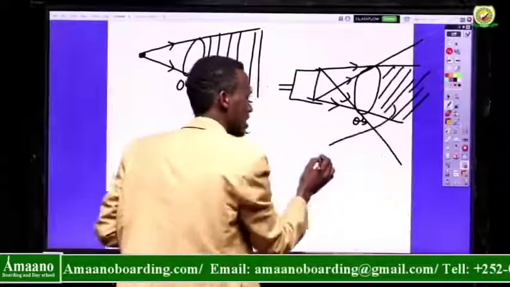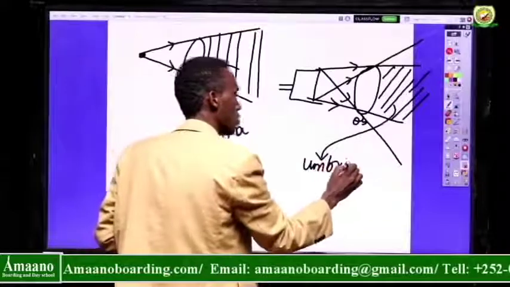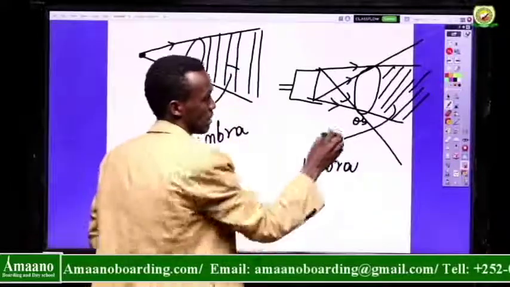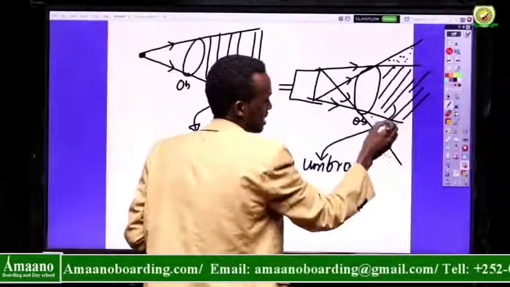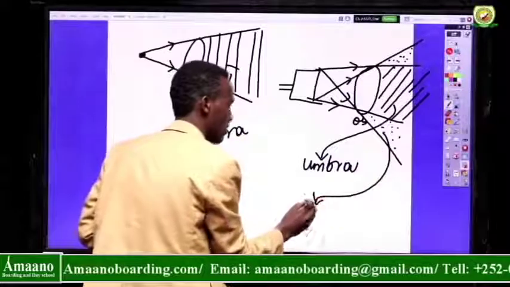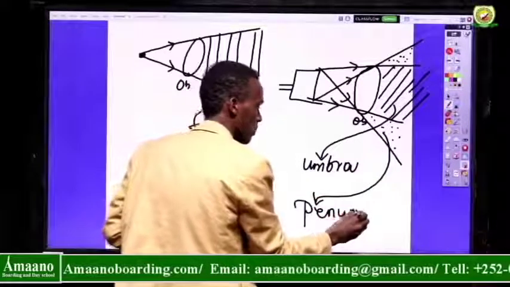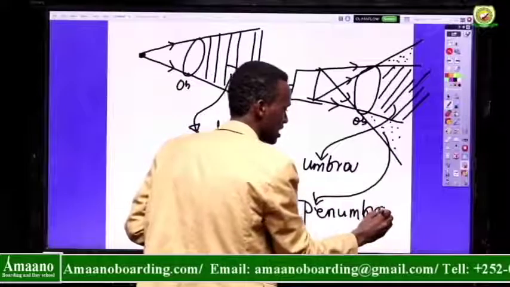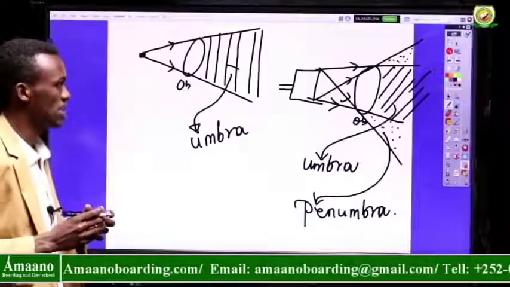Here is the umbra, or completely dark, but in here it is partially light. This is called the penumbra. Penumbra means partially light. Umbra means completely dark.